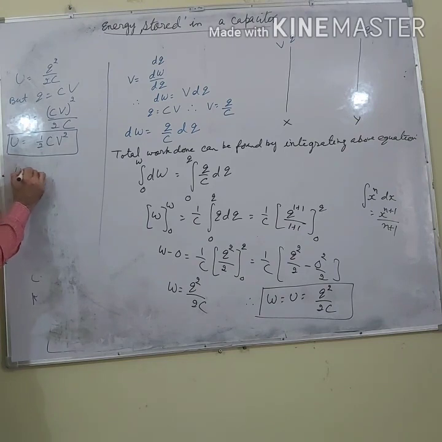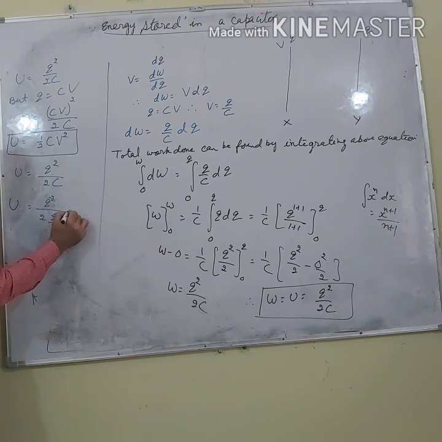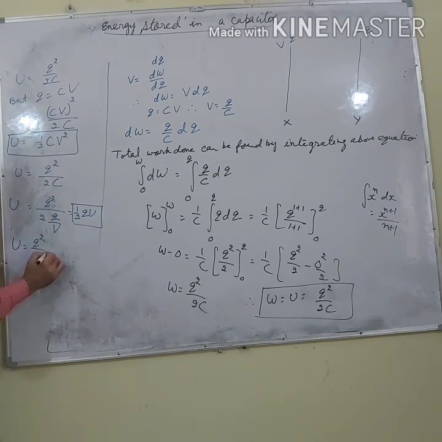And again, U is Q square by 2C. What is C? C is Q over V. One Q gets cancelled, so I can say half QV. So I have three formulas for potential energy: Q square over 2C, half QV, and 1 by 2 CV square.